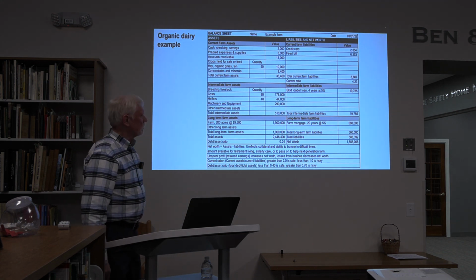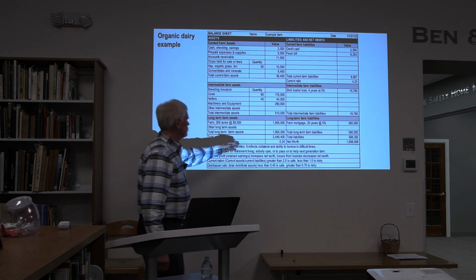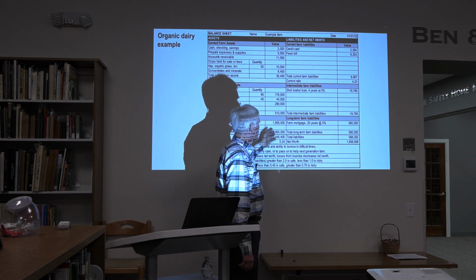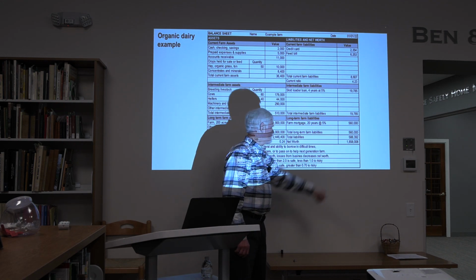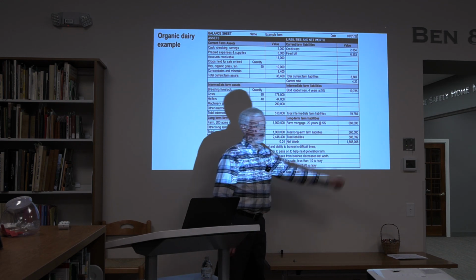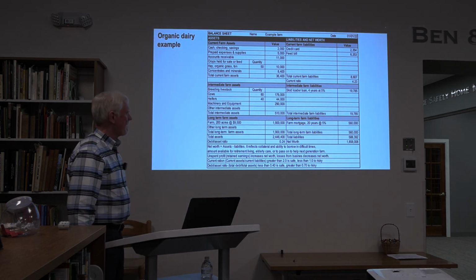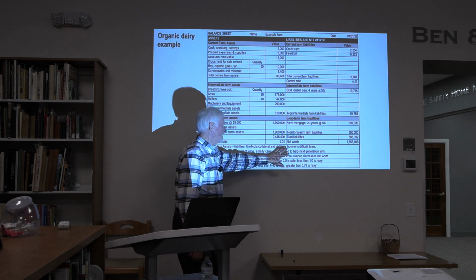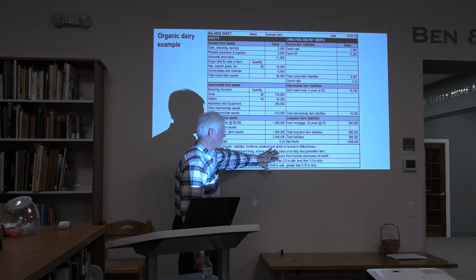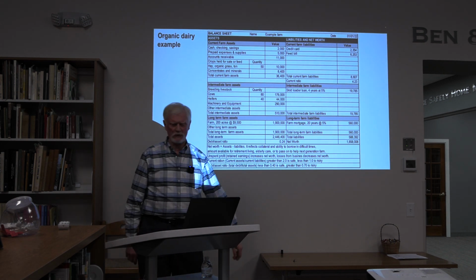Okay, so total assets, $2.5 million. Total debt, $600,000. Net worth, $1.9 million. Okay. Debt asset ratio. I don't really have time to talk about some of these. Debt asset ratio is a ratio that we often look at.